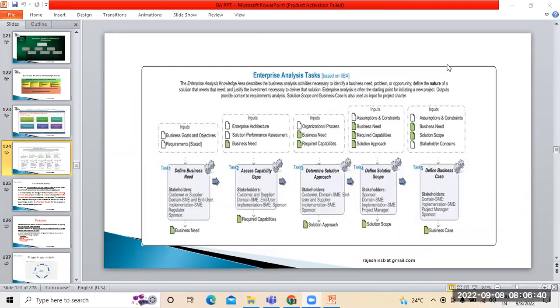So while we are understanding the business case, there are few points we need to consider. There are few points we need to understand while we are defining the business case. Those are important for us to move on to the next level, because we need to understand the requirements. We need to manage the requirements throughout the project.